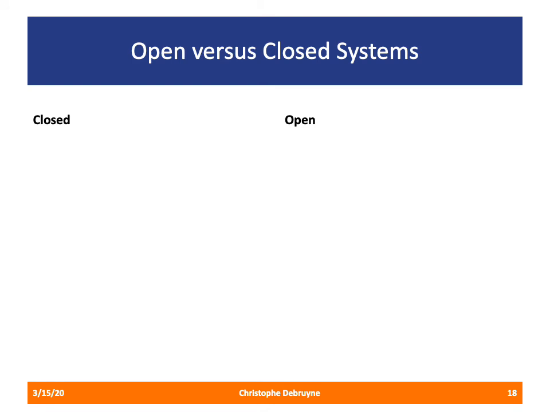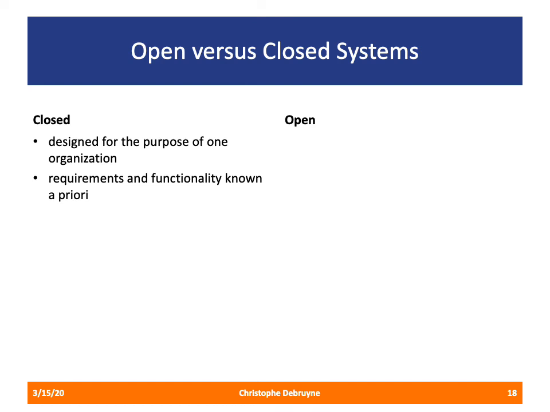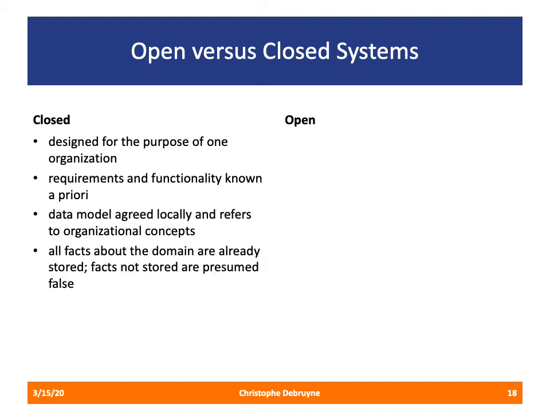So ontologies are created for the creation of so-called open information systems. Now, what are the differences between open and, let's call them, closed information systems? Well, closed information systems are designed for the purpose of one organization. The requirements and functionality are known beforehand, and the data model is agreed upon locally and refers to organizational concepts, which do not necessarily make sense outside the organization.